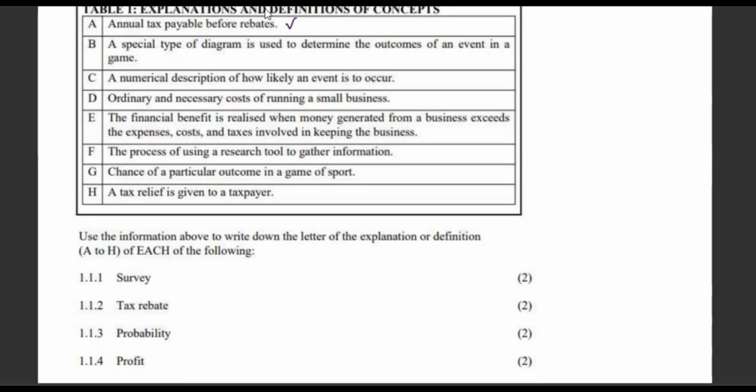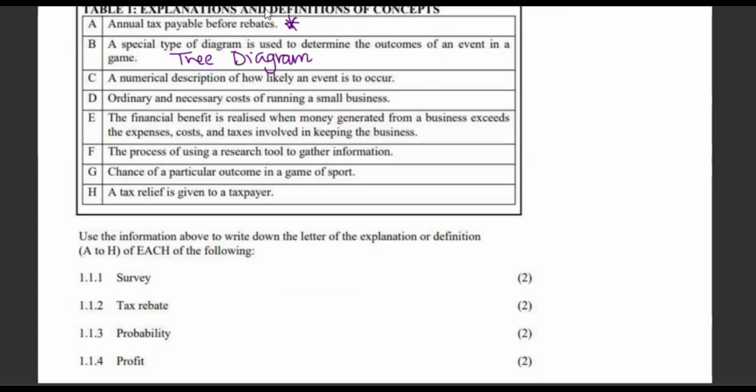It's fine, that's before the rebates. Okay, it has no general term. A special type of diagram used to determine the outcomes. This one we already know as a tree diagram. It's called a tree diagram.